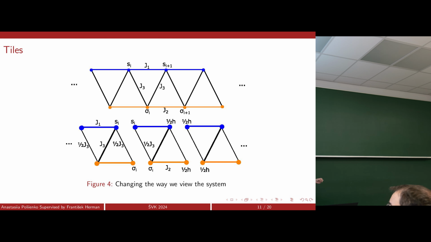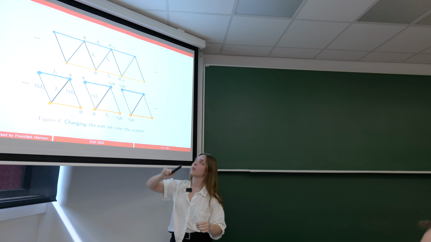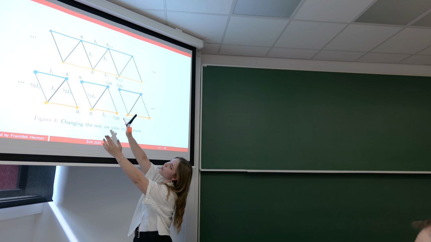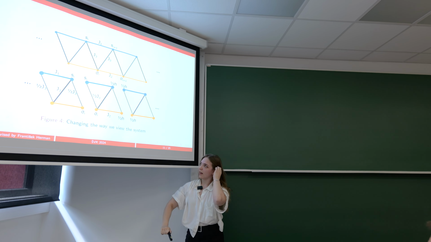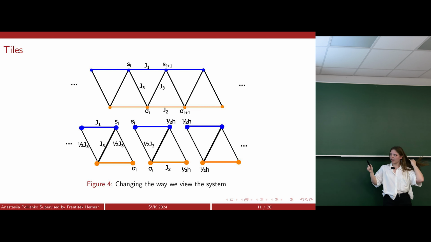So we came up with tiles. Instead of looking at the system as just some chain, we are splitting it into such tiles. And obviously the Hamiltonian will be rewritten as the sum of Hamiltonians of each tile, which can be defined in one way.